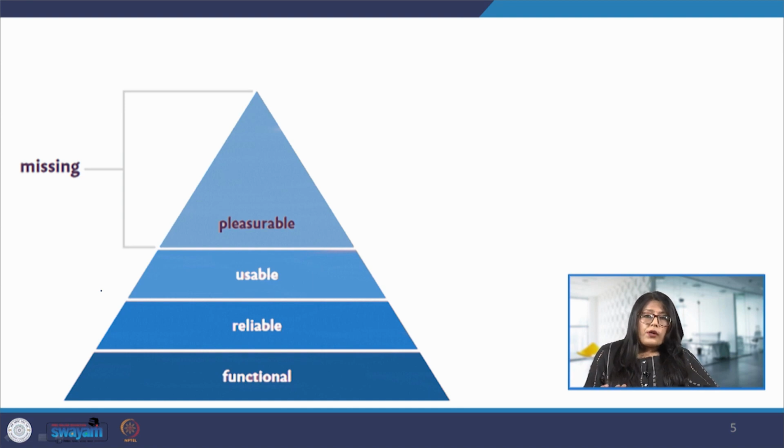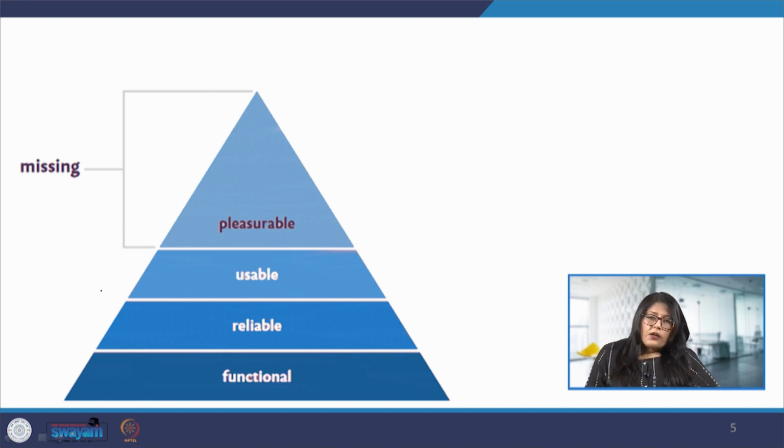Of course, we want products that have all these features, whether they are tangible or digital products, and we would be satisfied. It is not that we would have any problem as such. Like I gave some examples in the earlier lectures, the device should be reliable, it should count my steps, for example, and the usability should be easy.